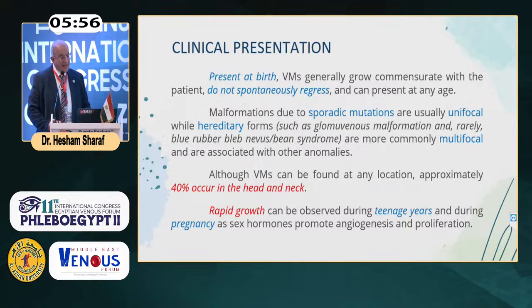Presentation: present at birth, venous malformations generally grow with the patient and don't spontaneously regress, and they can present at any age. Malformations due to sporadic mutation are usually unifocal, while hereditary forms such as glomuvenous malformation and, rarely, blue rubber bleb nevus syndrome are more commonly multifocal.